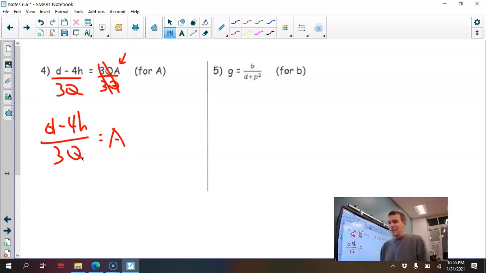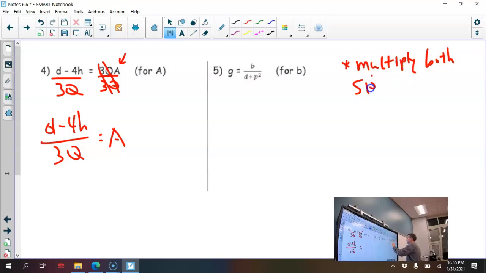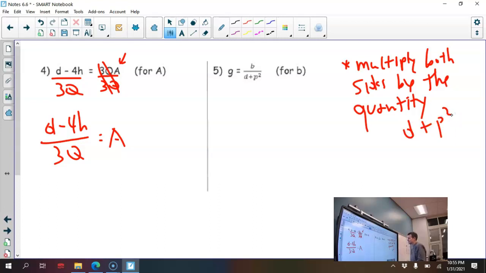All right, and last up, in number 5, my b that I'm trying to solve for has been divided by a quantity. So since my b has been divided by a quantity, I'm going to multiply both sides by the quantity that the b has been divided by, d plus p squared.